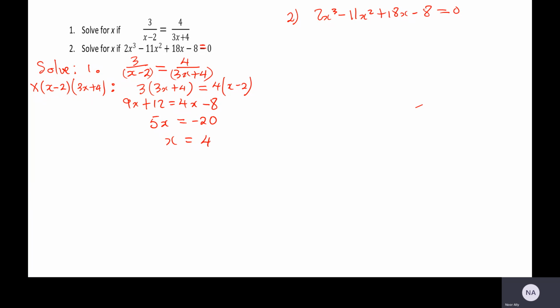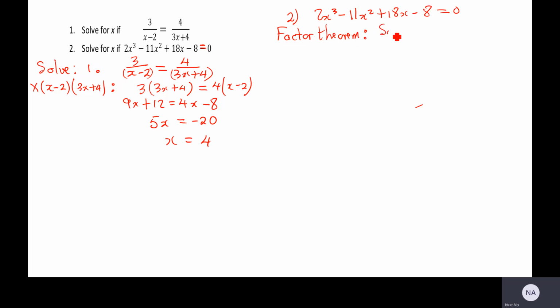Now, let's have a look at this. You're quite familiar with this. You did this at school. In your calculus, you came across cubic function graphs. What did you do? You used the factor theorem.